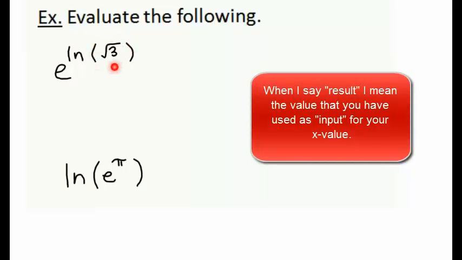In our case, the result is square root of 3, so that's going to be our final numerical answer. Down here we have ln of e to the pi. Once again, the act of exponentiating pi and then taking the natural logarithm of e to the pi, we're going to undo those two operations, and we're going to be left with just pi.